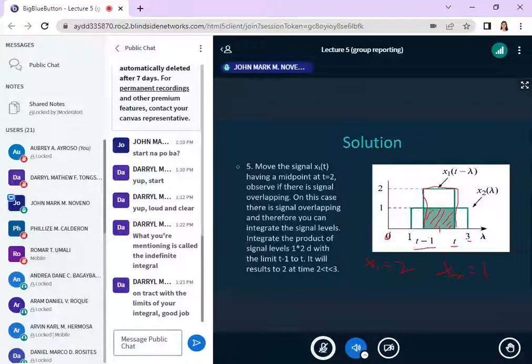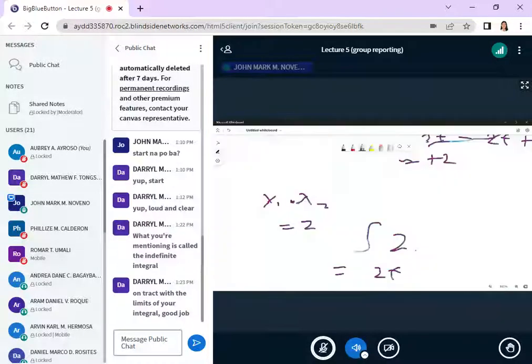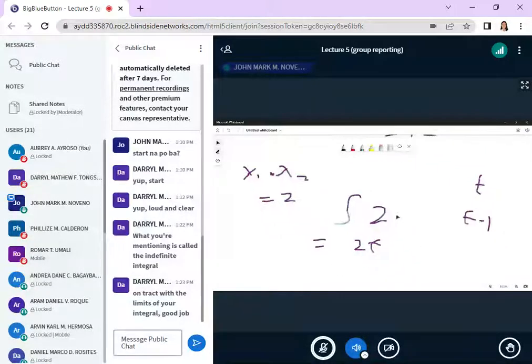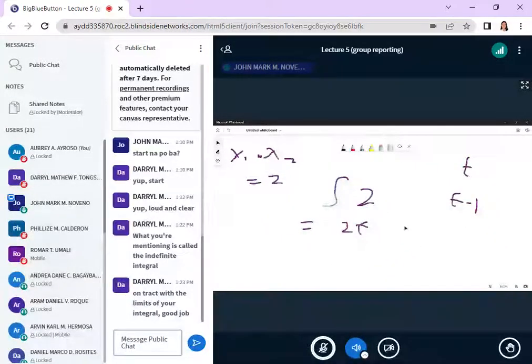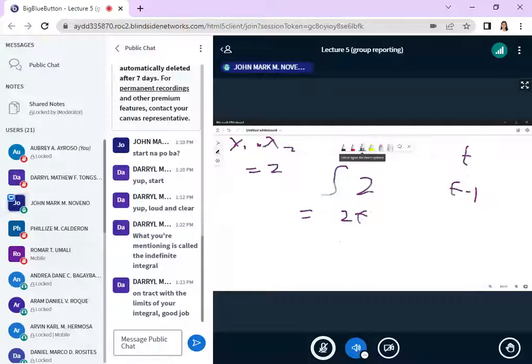T minus 1 ang limit kasi ito yung pagta-time shift and time reverse natin kanina. So, balik natin doon. From t minus 1 hanggang t. Ayan. So, ayan.